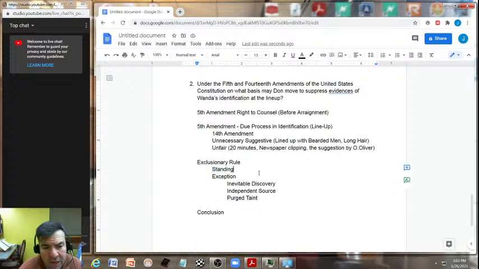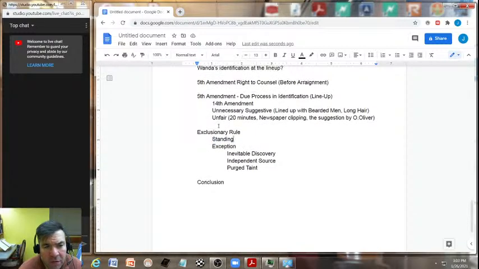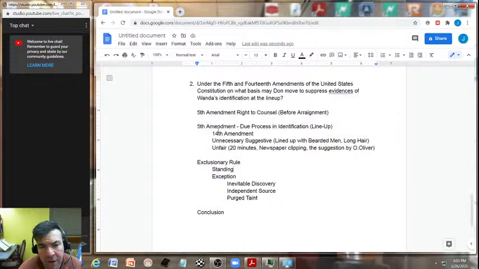At this point, standing. The whole thing here is, does Don have standing to exclude the identification of the lineup by Wanda? Yes, because that's his identification. Now, the exception is inevitable discovery.